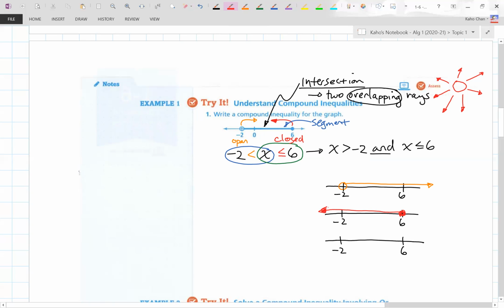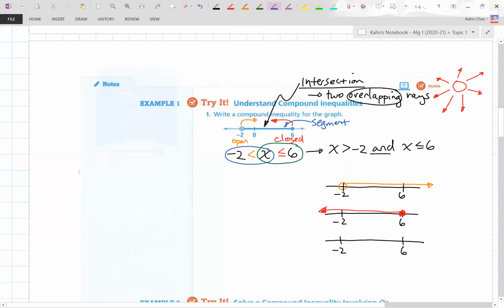Your final answer is like coming from sandwich making. You know, sometimes moms, when you were younger, they would make a sandwich and they would cut off the crust. Think of the orange ray that was graphed to the right and the red ray graphed to the left. Those parts that don't both overlap get chopped off.